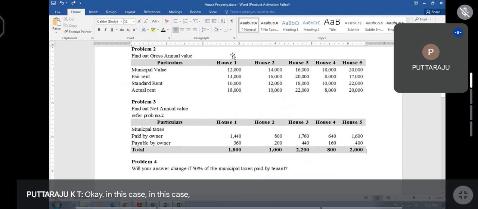In this case, for any one house, please tell me what is the net annual value.